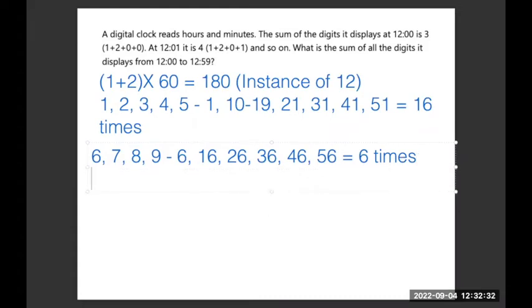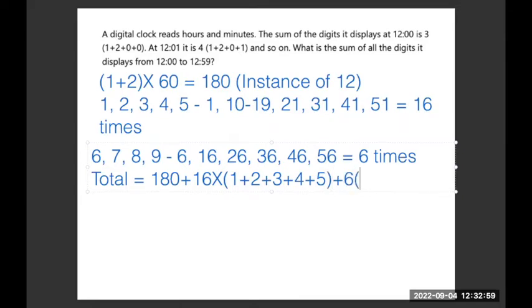So I will add the total as 180, which is the total for 12, plus 16 into 1 plus 2 plus 3 plus 4 plus 5, plus 6 into 6 plus 7 plus 8 plus 9.